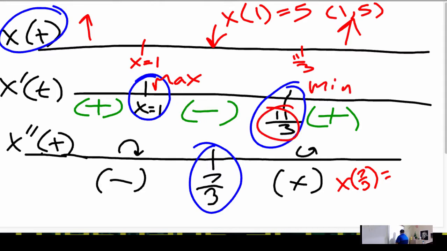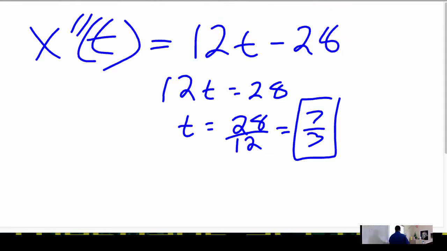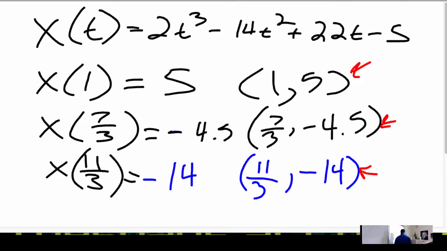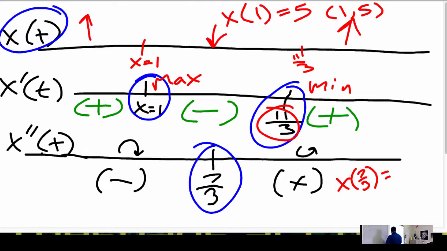A min. So let's go back and label those. So this is a max, and this was a min, right? Does that make sense? The middle one is the point of inflection.